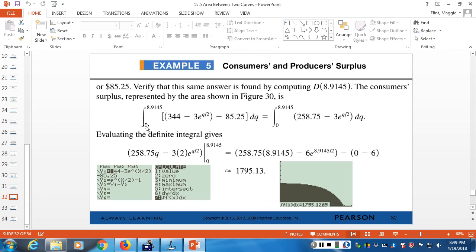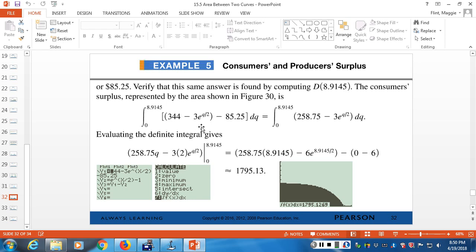So what we're going to do is the integral from 0, where you make none, to 8.9145. And for the demand of 8.9145, we're going to do the integral of 344 minus 3e to the q over 2 minus the 85.25. That's the equilibrium price. That's where that comes from, and this is your demand equation.